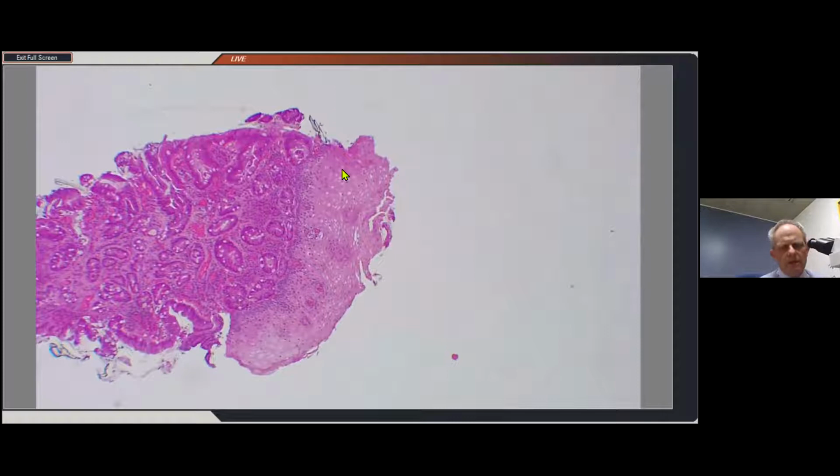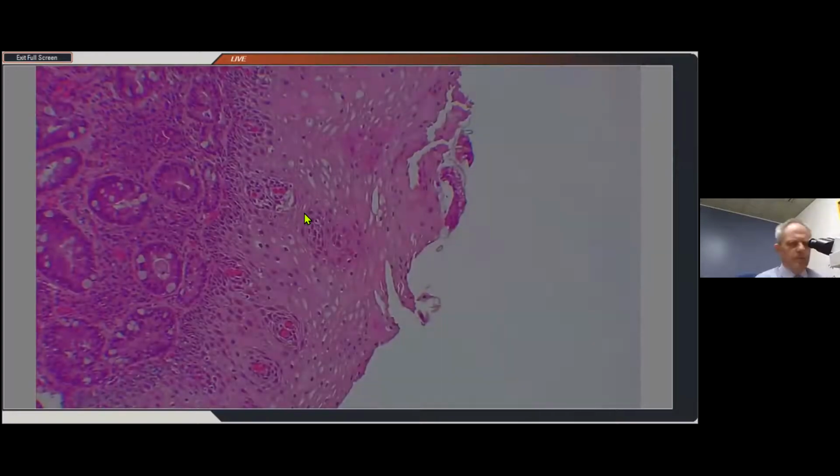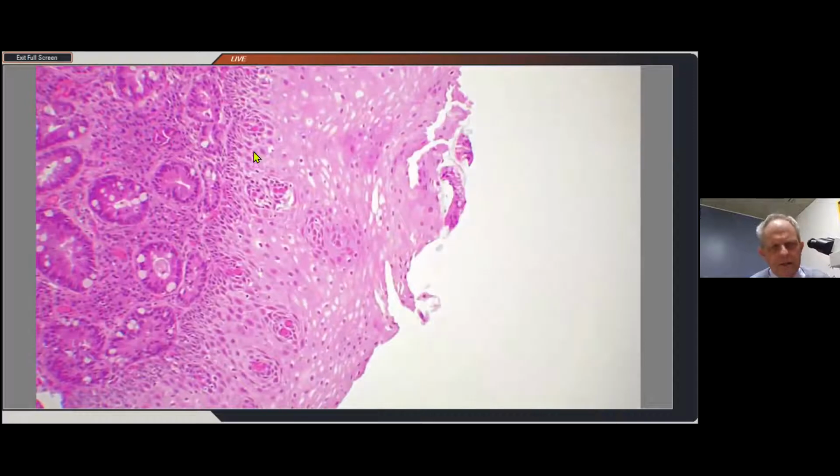Here we've got a good example of benign squamous mucosa. You can see that there is a little bit of proliferation of the basal layer of the epithelium, so there is basal cell hyperplasia. And as you recognize from the previous normal histology, the number of vascular papillae is increased. And if you look here, you can see that there is maturation of the mucosa.